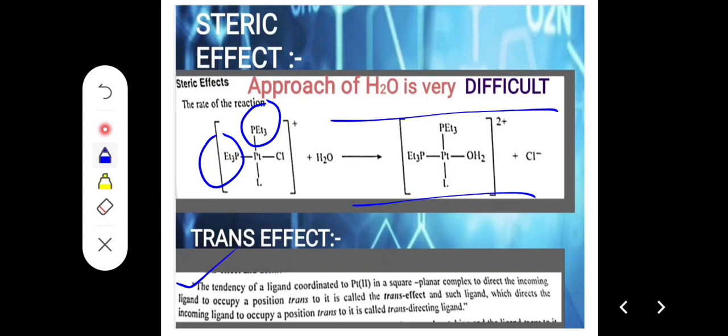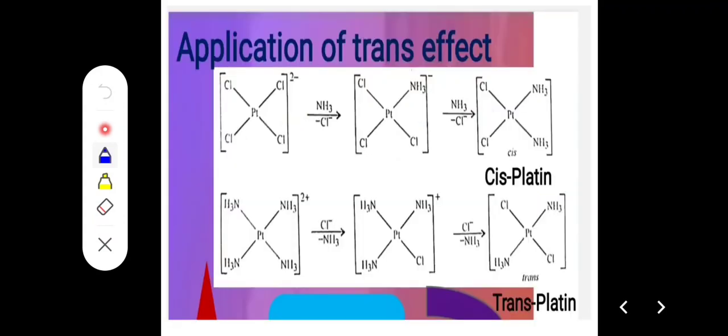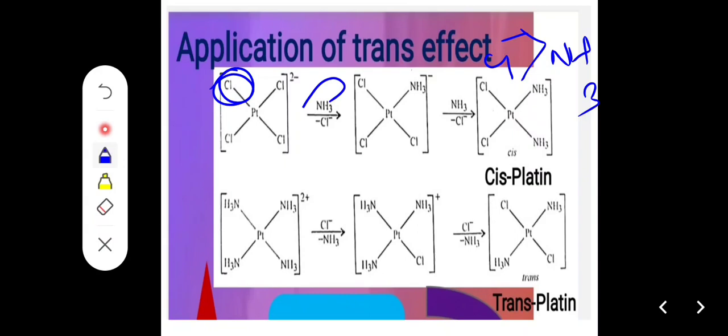So there should always be this tendency: the ligand having the trans effect directs the other ligand which approaches it to be placed trans to this specific ligand. Means if Cl minus has a trans effect greater than ammonia, then this Cl minus directs the incoming ligand to approach trans to the Cl minus.